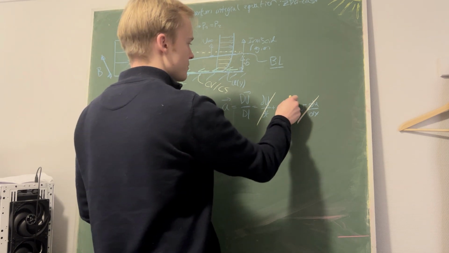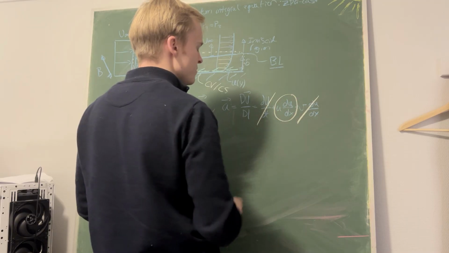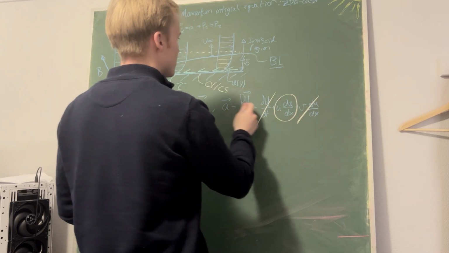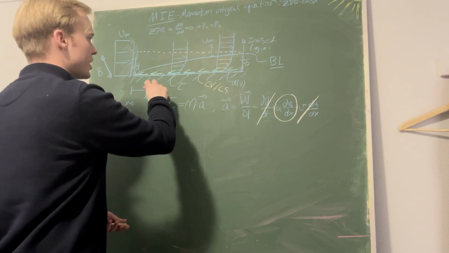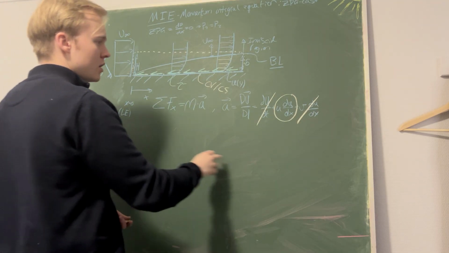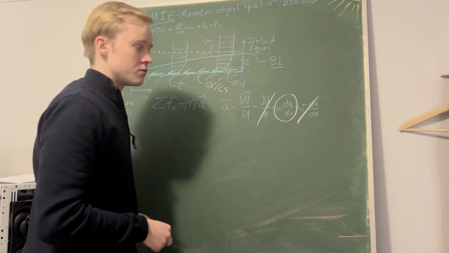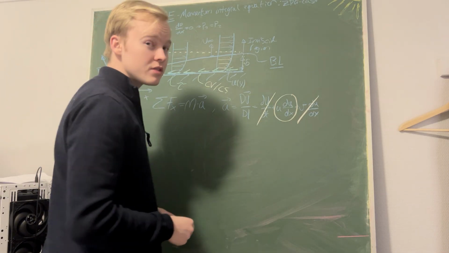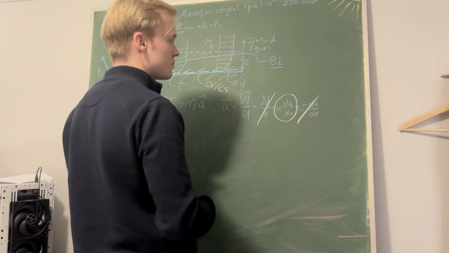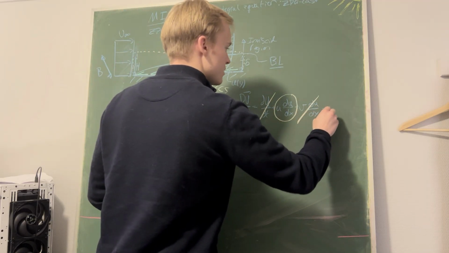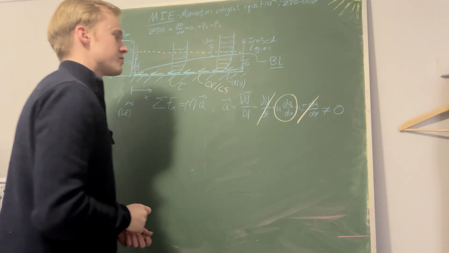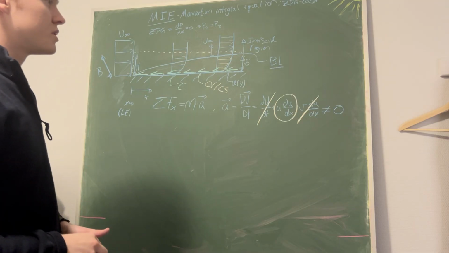But then this term, we know that our velocity profile is changing with respect to x. So du/dx is definitely not 0, and our u is definitely not 0. So all of this term is not equal to 0. So then we have to accommodate for that.